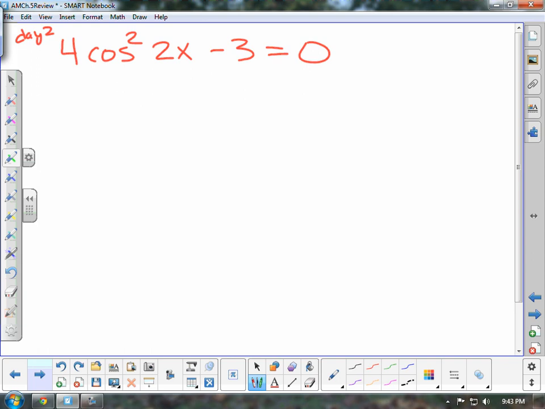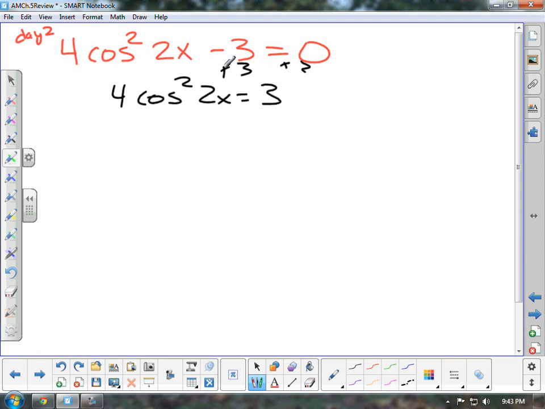Our second equation here says 4 cosine squared of 2x minus 3 equals 0. So in this case, because we only have one term here that has a variable in it, we can just use our simple algebra skills to get everything to the other side. So add 3 first. And so then 4 cosine squared 2x equals 3.